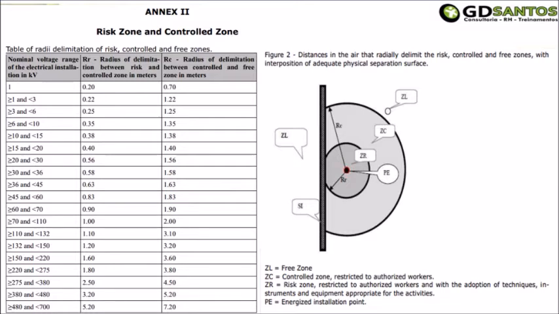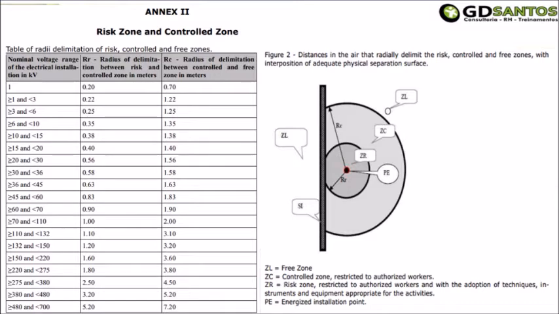We can see in this table that it is between 10 and 15, with values superior to 10 and lower than 15 kilovolts. Let's suppose that this PE, energized installation point, in Portuguese ponto energizado. In this case, I have a radius according to the NR10 table of 0.38 meters.